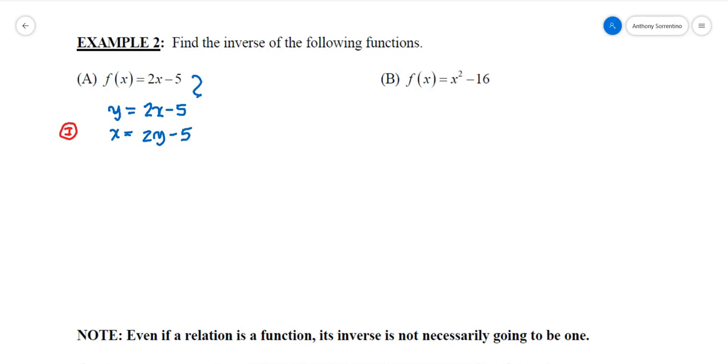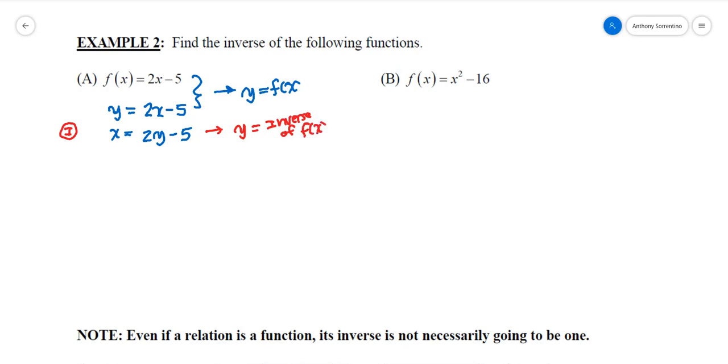In this instance here, y was a function of x. Once I do the inverse at this point, y is no longer the function of x. y is going to be the inverse of f of x.